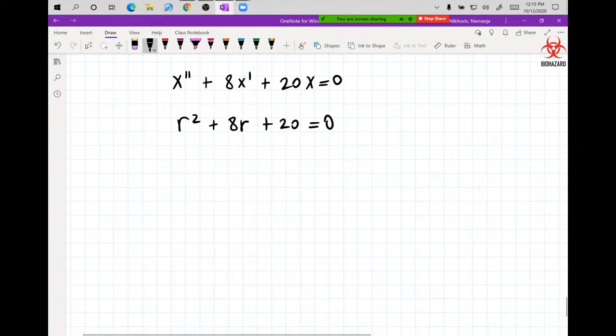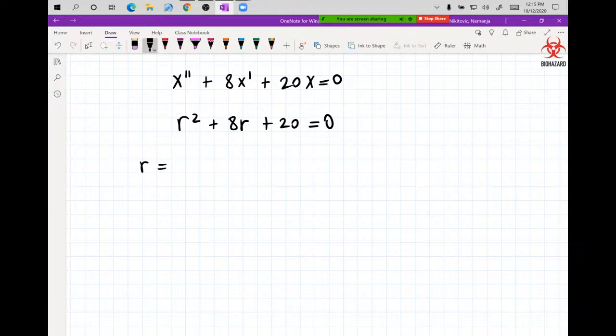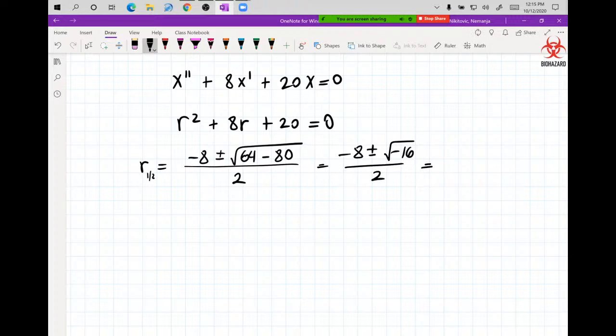And now we calculate our r1 and r2. That's going to be negative b plus or minus the square root of b squared minus 4ac, divided by 2a. This is negative 8 plus or minus the square root of negative 16, over 2. I'm loving it, because that's a negative 16. The square root is 4i. So I have negative 8 plus or minus 4i over 2.